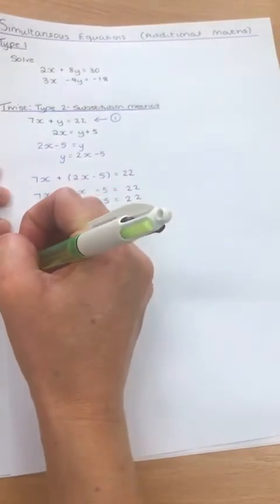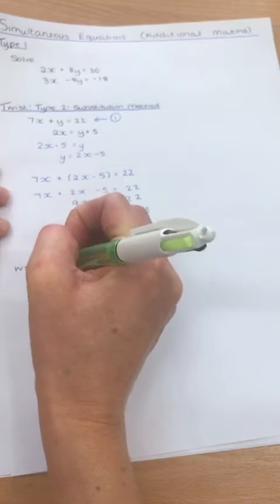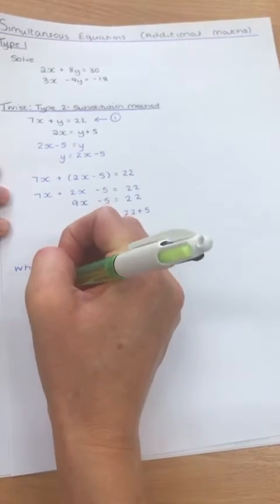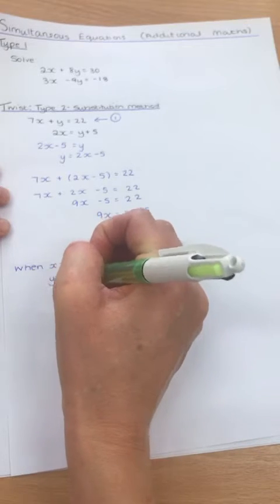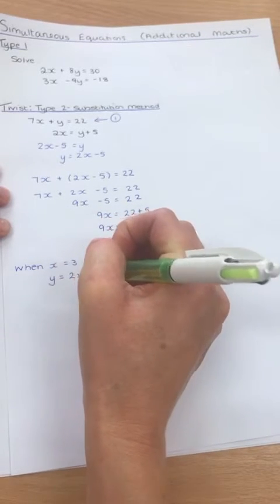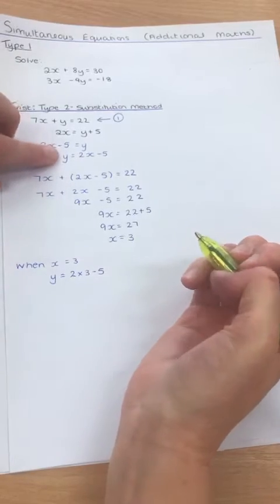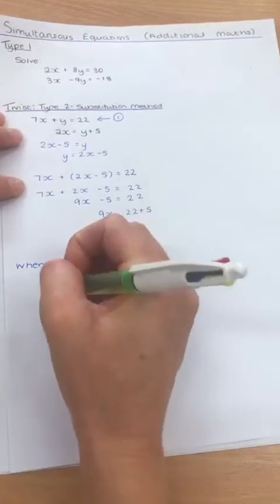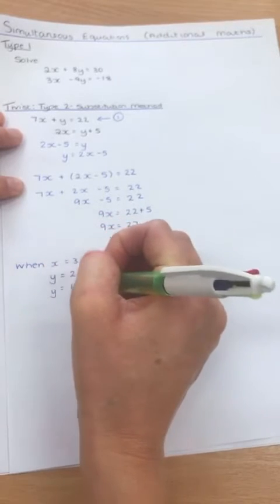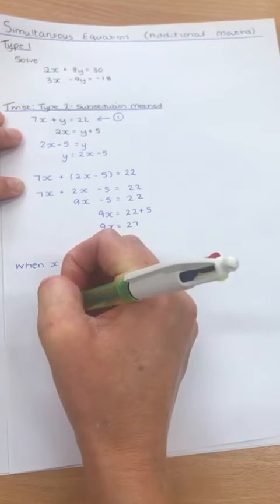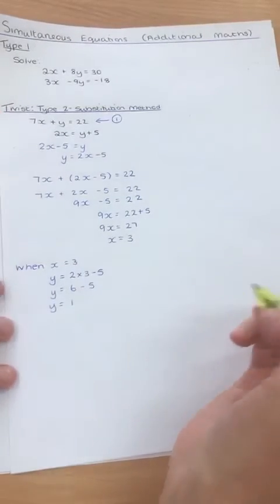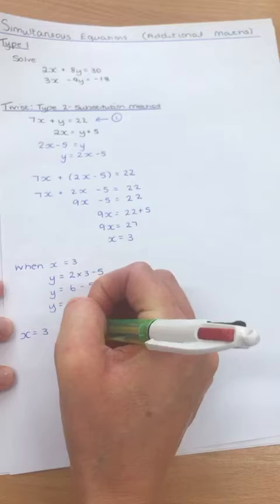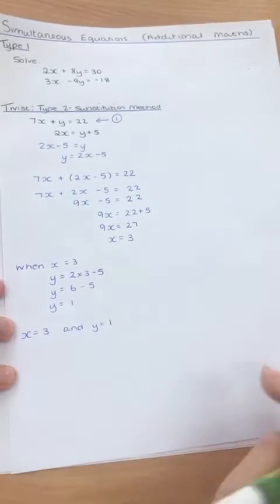So I say when x is equal to 3, now I have an equation for y. y is equal to 2 multiplied by 3, subtract 5. So I'm using that equation there, replacing the x with the value 3. So y, well 2 times 3 is 6, subtract 5, y is 1. So my answer is x is equal to 3 and y is equal to 1.